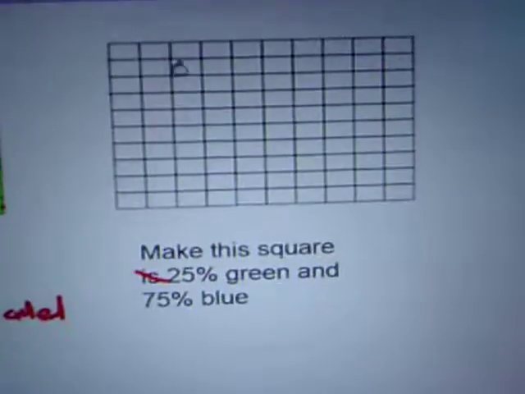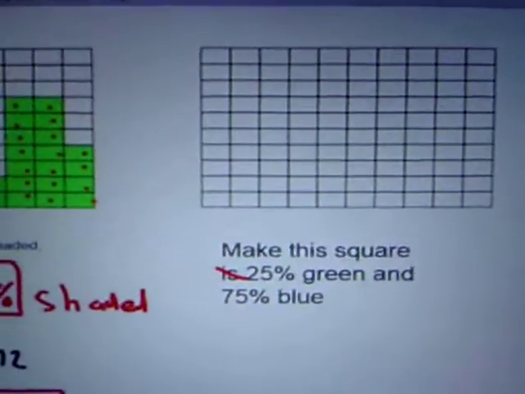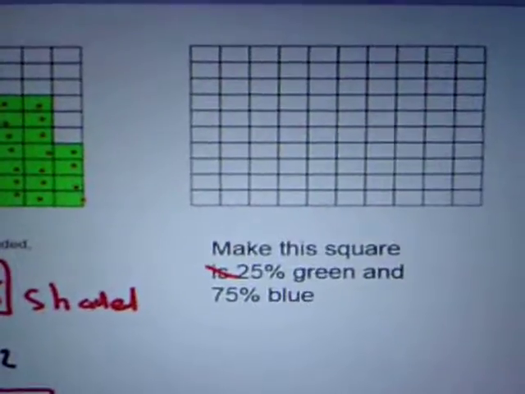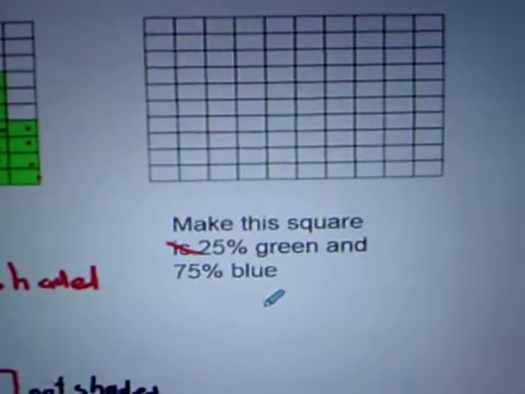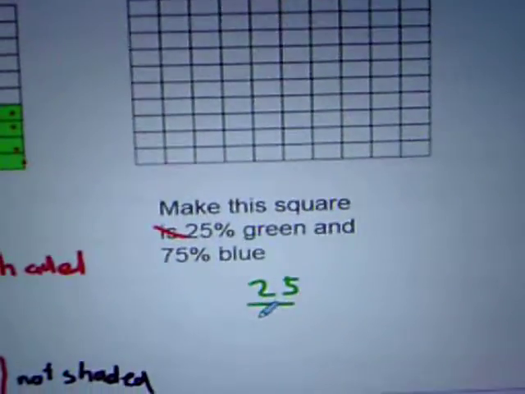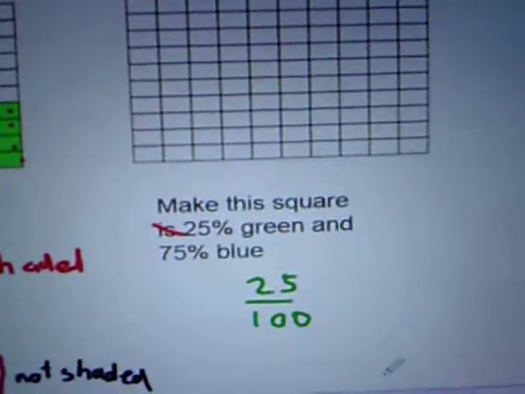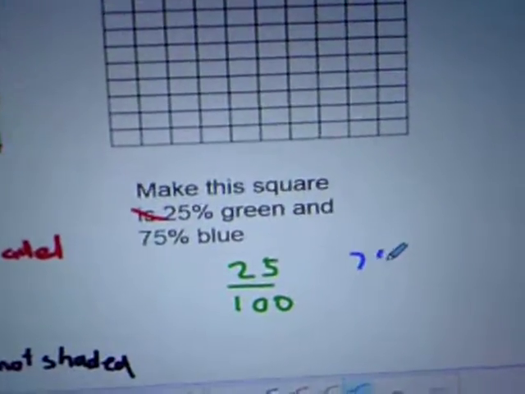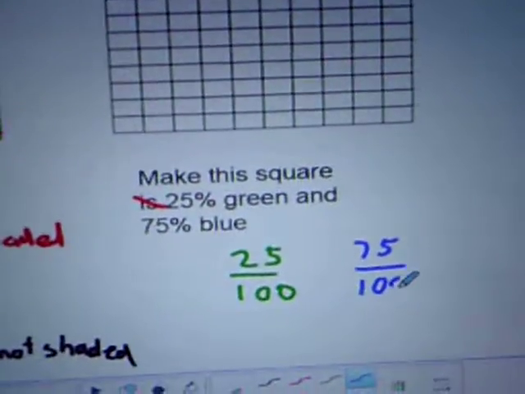And there's 100 squares, okay, 10 rows of 10. So in order to make 25% green, we need 25 out of 100 squares to be green. And then we also need the other 75 out of 100 squares to be blue.